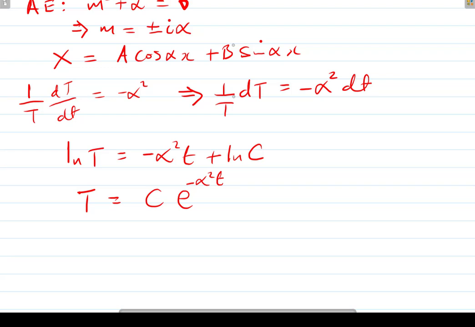Now that we have both X and T, we can write what v is.